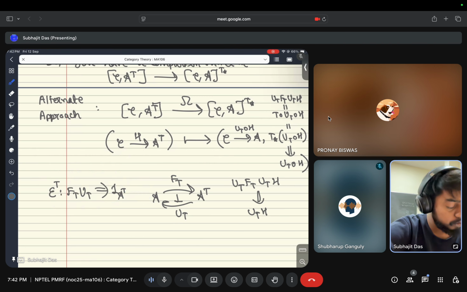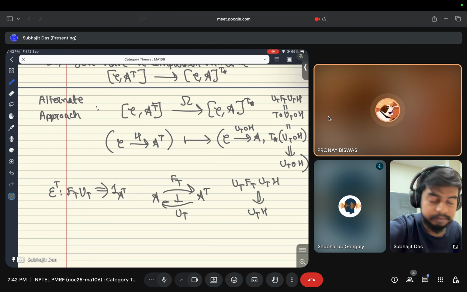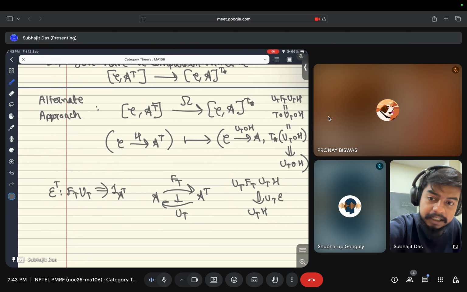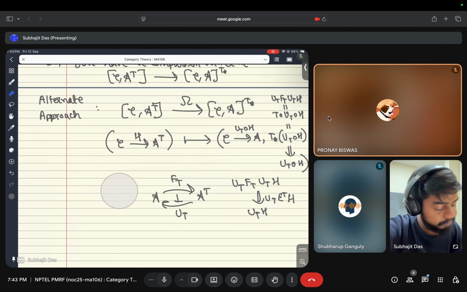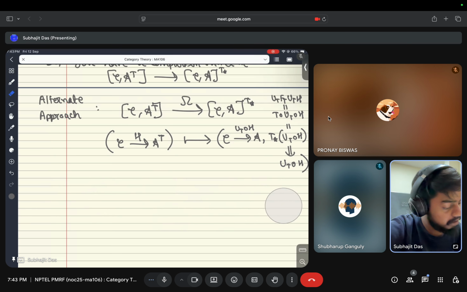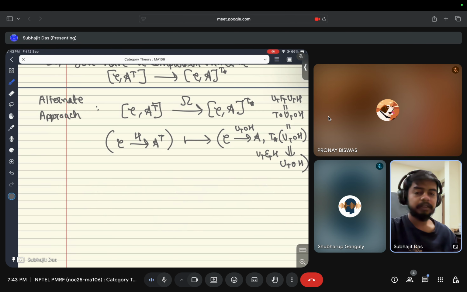So how do we use it to obtain a natural transformation on the right? UT epsilon T and H. So let's just write this as UT epsilon T H. Right? Done?